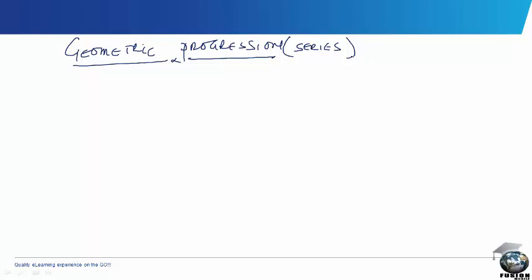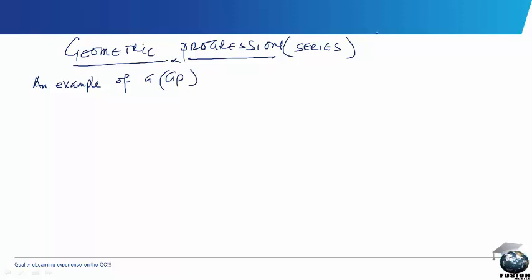But in geometric progression, we multiply the first term by a constant to get the next term of the series. An example of a GP series is this.